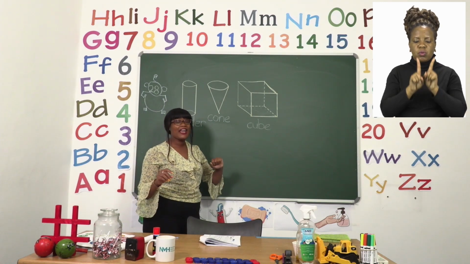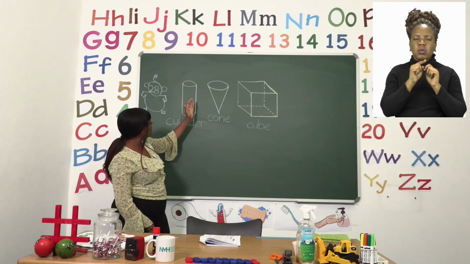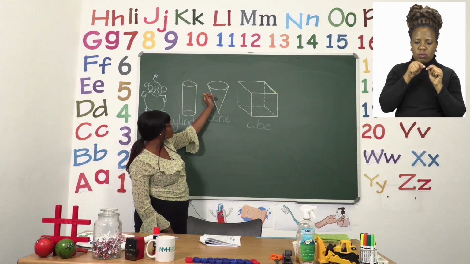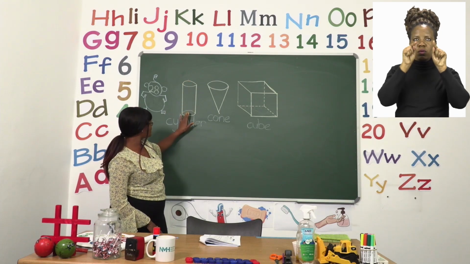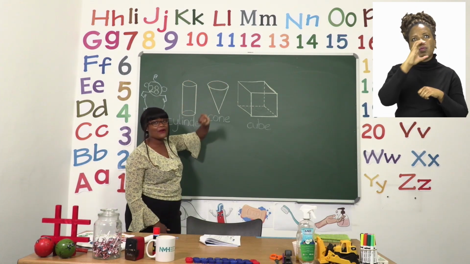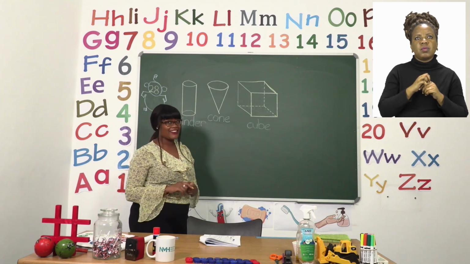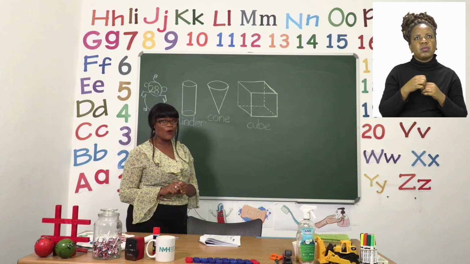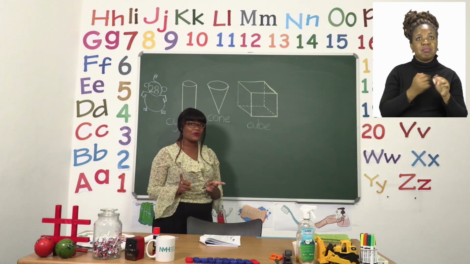The next one that we have is a cone. Now, a cone has one sharp edge or one pointed edge. It also has a round surface, but instead of having two flat faces, it only has one. Now, a cone can be a different shape. If I do one action, I know that you will know one thing that we actually see all the time in the shape of a cone.